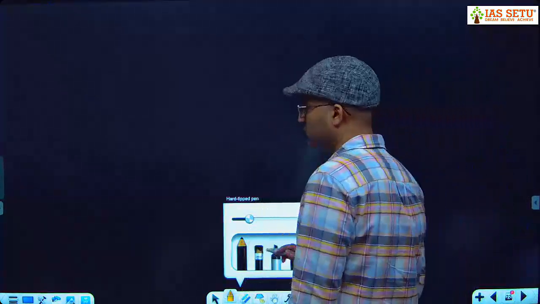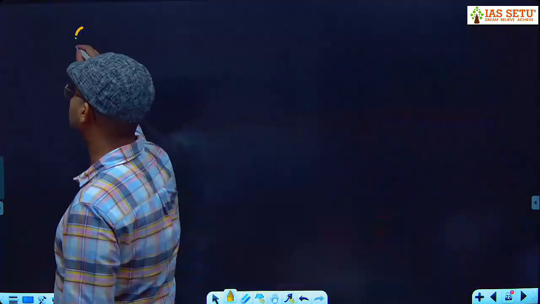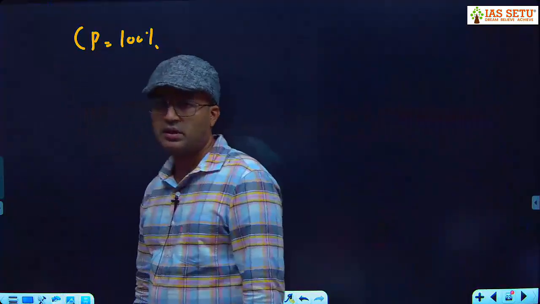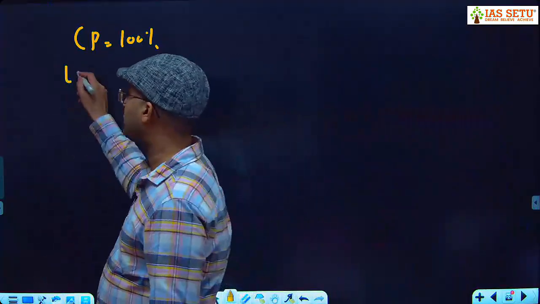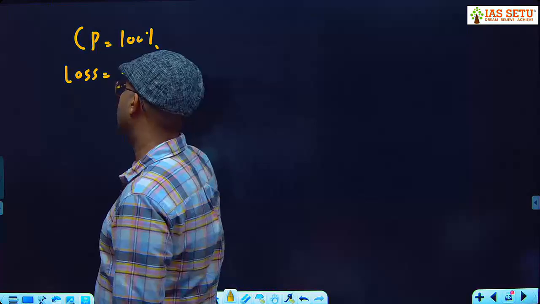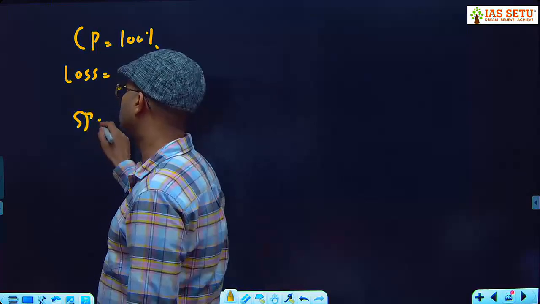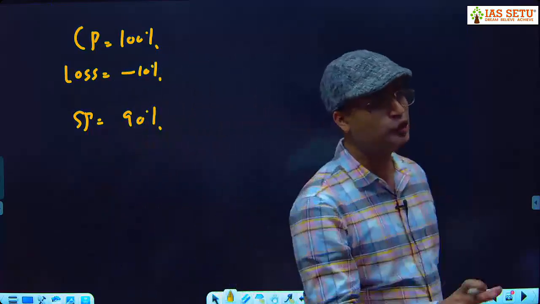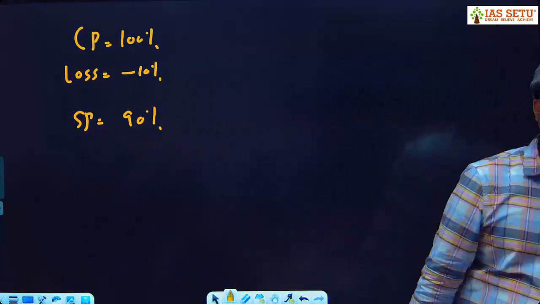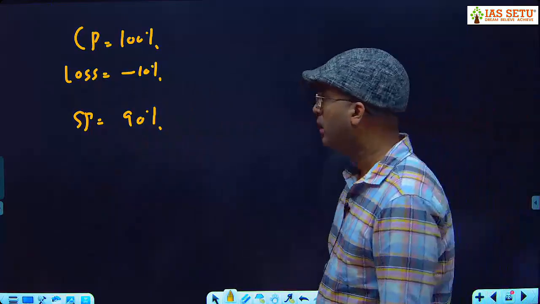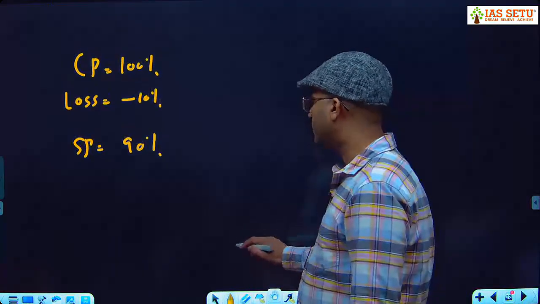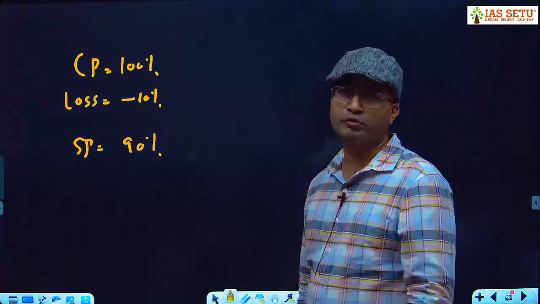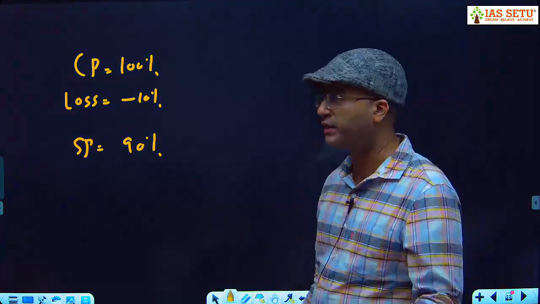Percentage is better. Like here, we take cost price 100%. And I sold radio at 10% loss. So what about selling price in this situation? 90%. This is the actual situation where I sold the radio at 10% loss. Someone offered me 300 rupees extra. Then I would have made a profit of 20%. 300 rupees we handle later.